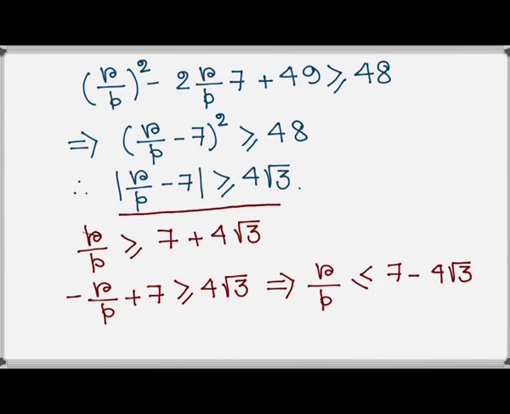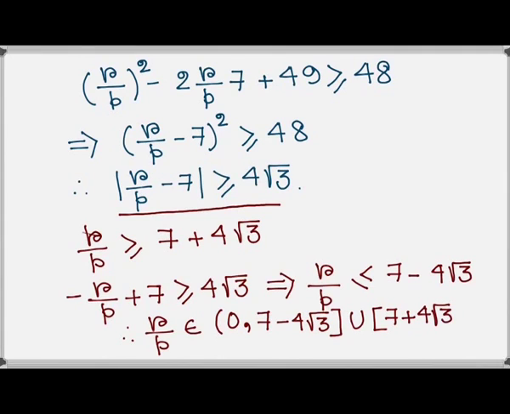So from here we can now locate where the ratio r by p belongs. Since r and p both are positive numbers, the ratio r by p is positive. So r by p belongs to open 0 to closed 7 minus 4 square root of 3 union closed 7 plus 4 square root 3 to infinity.